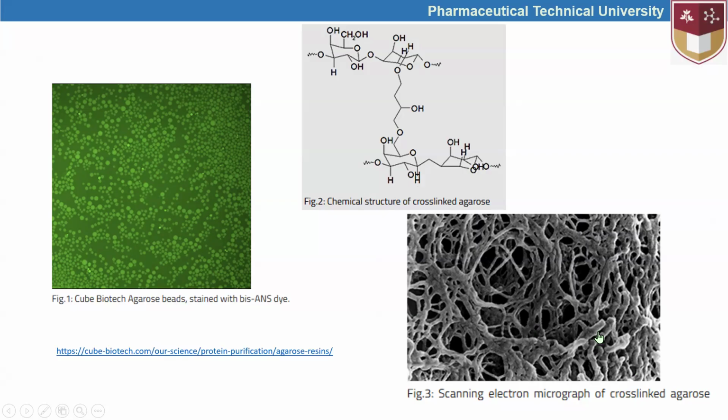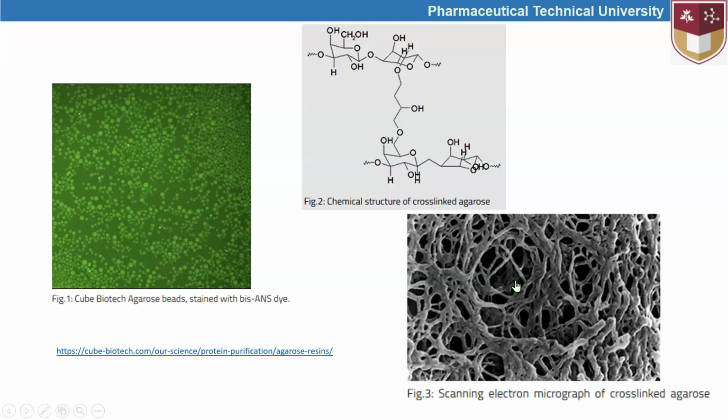Based on the separation, based on the pore sizes, the agarose can be effectively used for size exclusion chromatography.